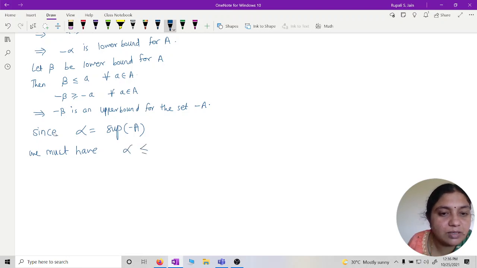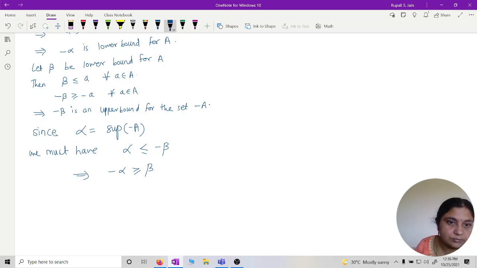So it must be less than or equal to minus beta. So what does this imply? Minus alpha is greater than or equal to beta.